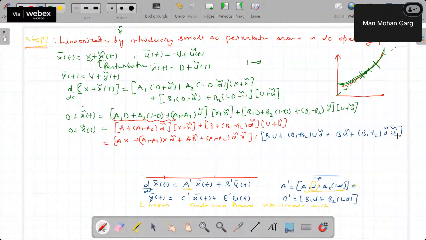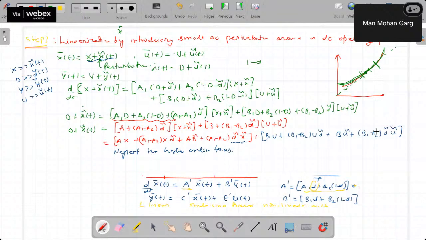This is also a time variable, so we ignore it. We ignore, or neglect, the higher order terms.